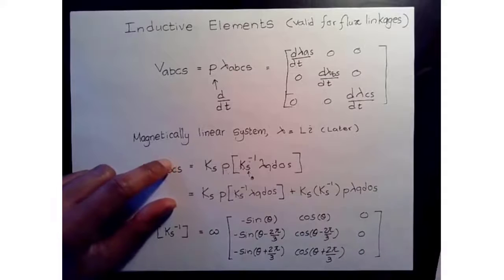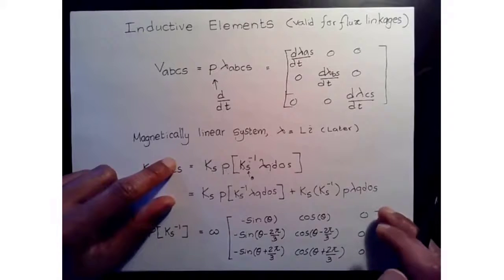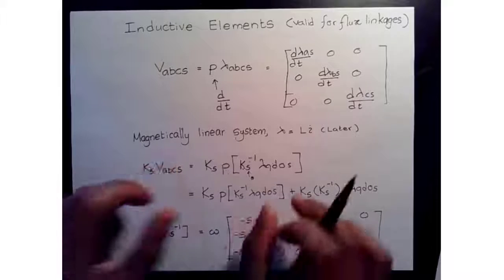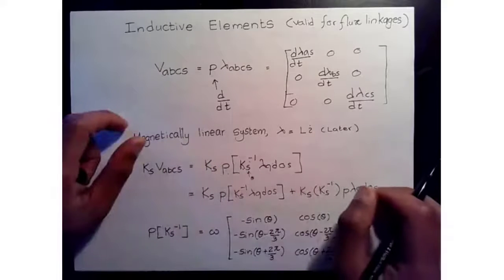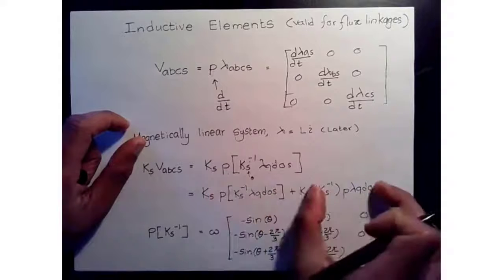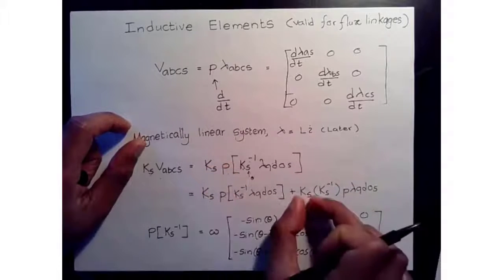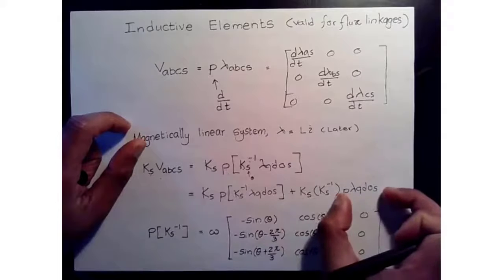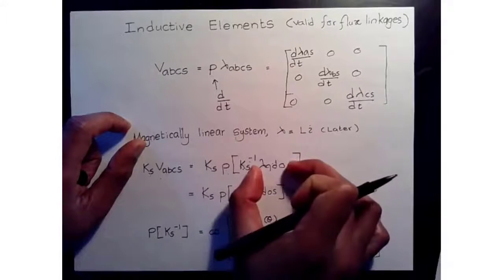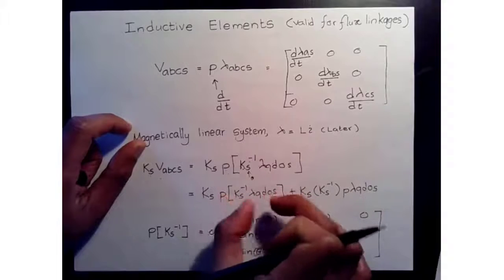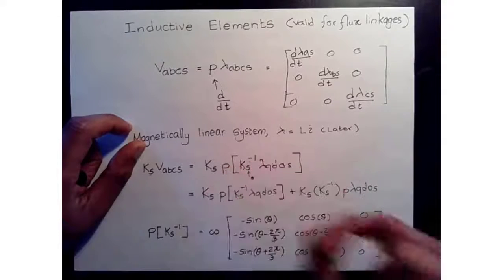Because your theta is also going to be varying with time. So when you do that, you have this relationship. You can break the one derivative term into two. So ks is still there. We're going to consider the derivative of the lambda qd0s separately, and then the derivative of the ks inverse.